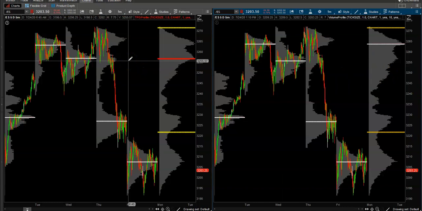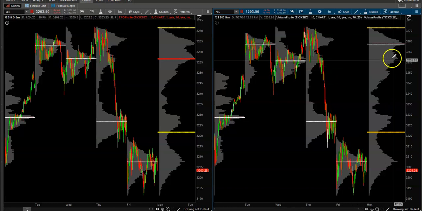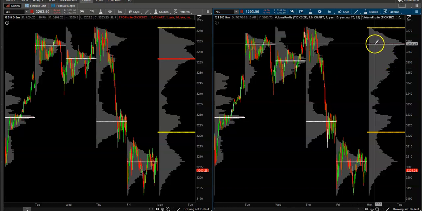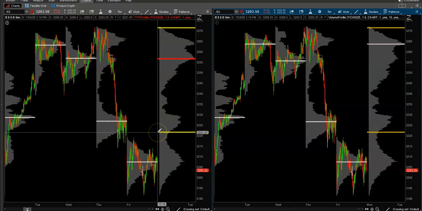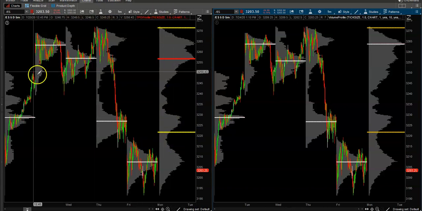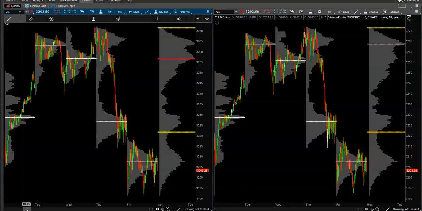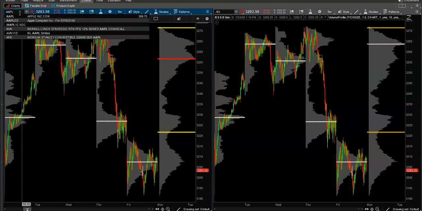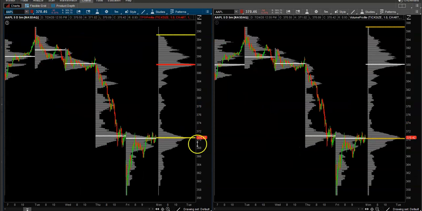They're going to give you the same picture of what's going on, but you might see a couple little offs, kind of like the point of control or the value area high and lows once in a while. Like this one's 32.21, same thing, but sometimes these will be shifted just slightly. If we look at Apple, let's see if they're exactly the same, 37.42, right? So they're all right there.